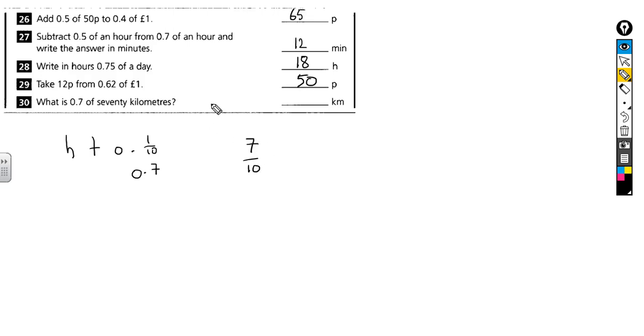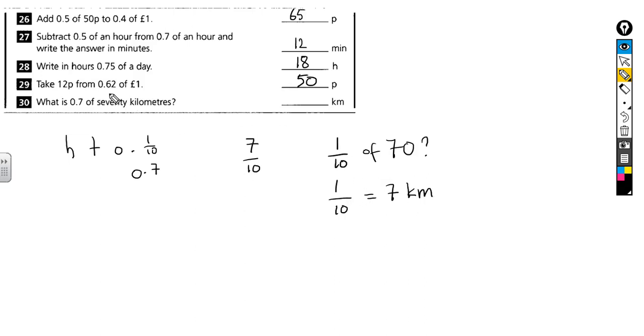It would help us to know what 1/10 of 70 kilometers is. If I divide the 70 by 10, I get 7, so 1/10 equals 7 kilometers.